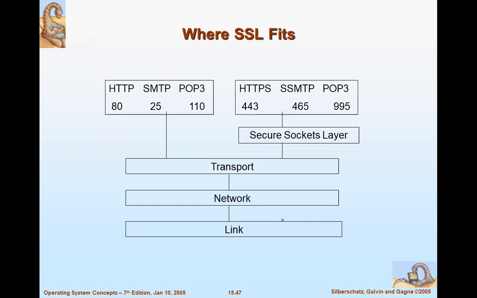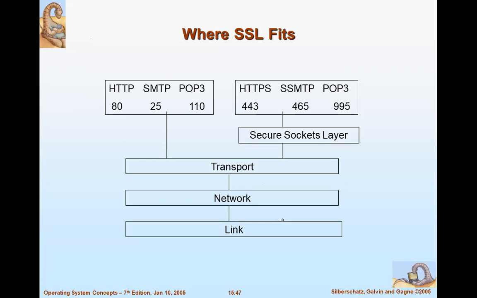Similarly, if you look at the application layer, then there is a bit of modification in the protocol: HTTP is converted to HTTPS, that is the secure version that is used with Secure Socket Layer. And similarly, you can see the SMTP protocol is converted or updated to SSMTP, that is Secure Simple Mail Transfer Protocol.